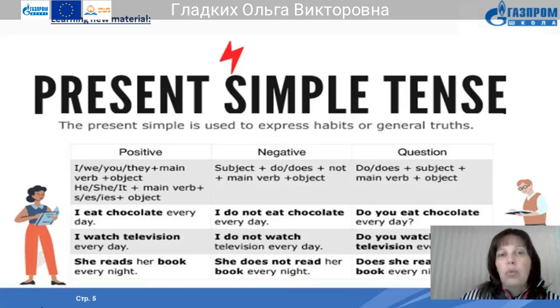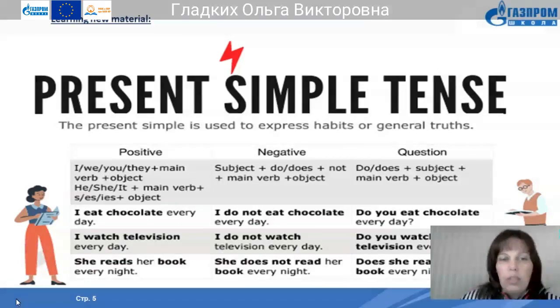And now let's see. When do we use present simple tense? The present simple is used to express habits or general truths. For example, we use present simple tense in positive sentences. We use pronouns I, we, you, they plus main verb plus object, and such pronouns as he, she, it plus main verb plus endings s, es, ies, and plus object.